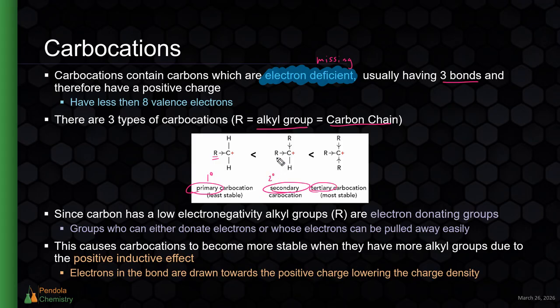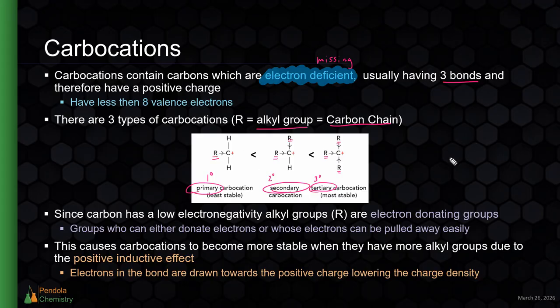Secondary carbocations have 2 carbon chains attached to that positive carbon. And tertiary carbocations have 3 carbon chains attached to that positive carbon. So the terms primary, secondary, or tertiary carbocation are just talking about how many carbon chains we have attached. So remember, R can be any number of carbon chains, right?